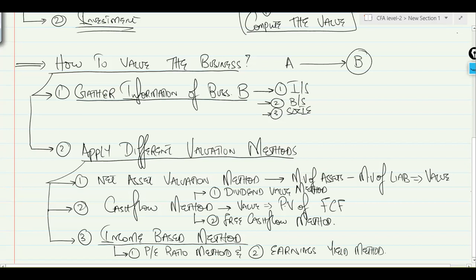We'll understand that also. So if we see, you have basically five methods. One is net asset valuation. Number two is dividend valuation method. Number three is free cash flow method. Number four is price to earning ratio method. And number five is earnings yield method. So basically you have five methods.